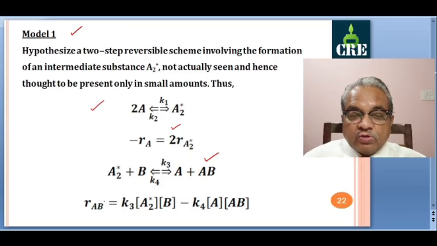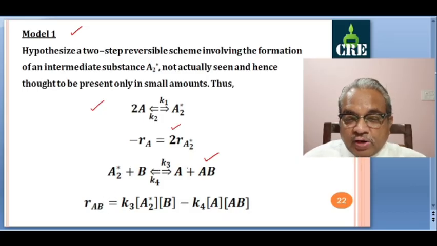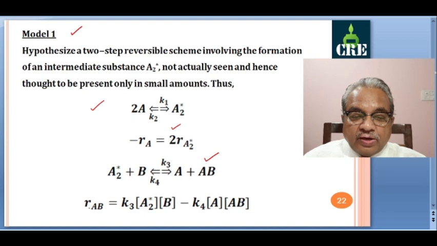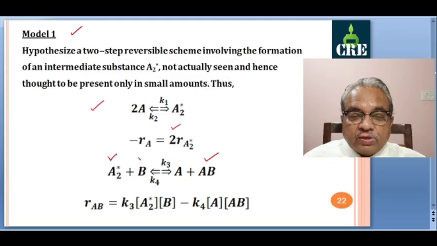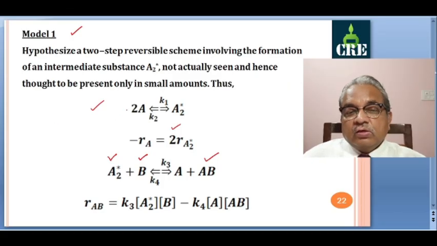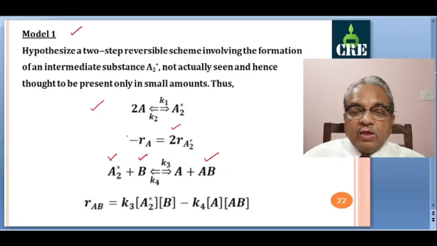So rate of formation of AB is formed by the forward reaction. It is disappearing by the reverse reaction. So disappearance minus sign, formation plus sign. We are writing formation, so formation will be plus sign and disappearance will be minus sign. So k3 into concentration of A2 star into concentration of B. So this non-elementary reaction is written as a model consisting of several elementary steps.